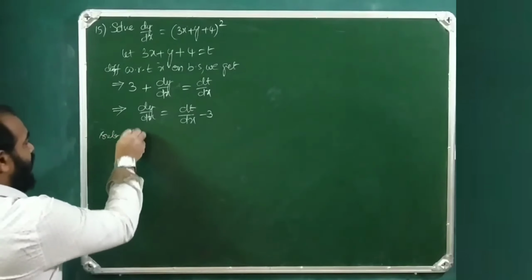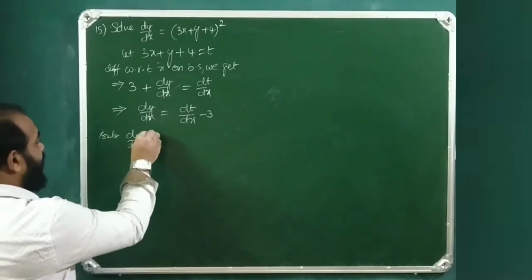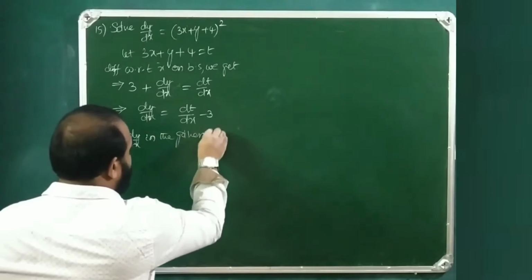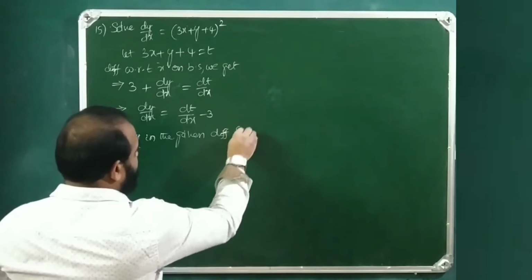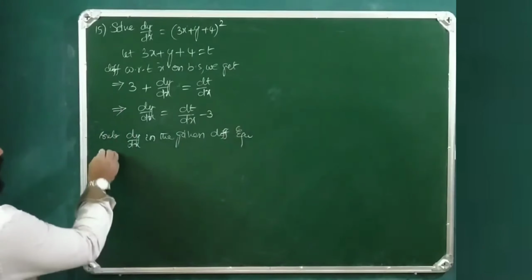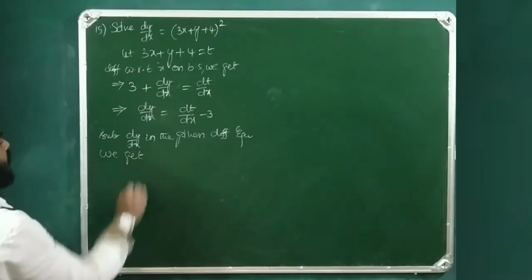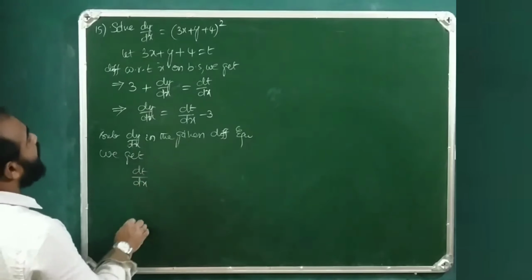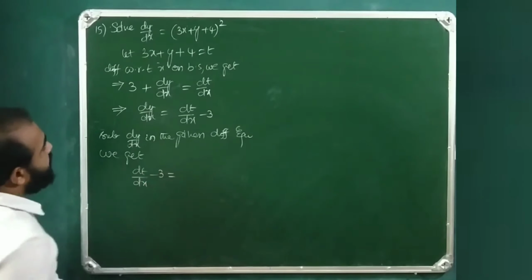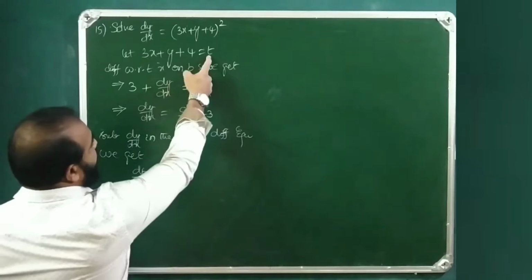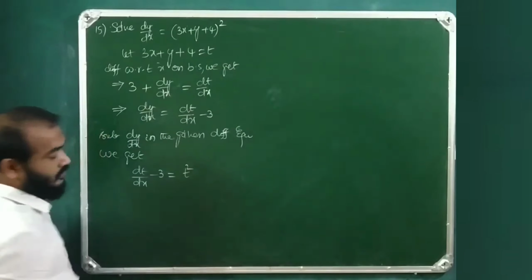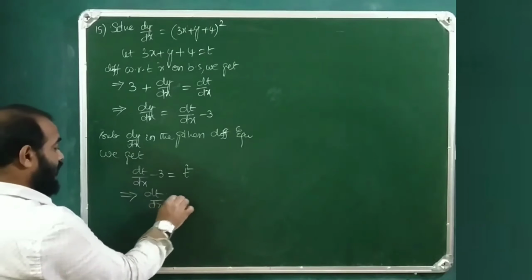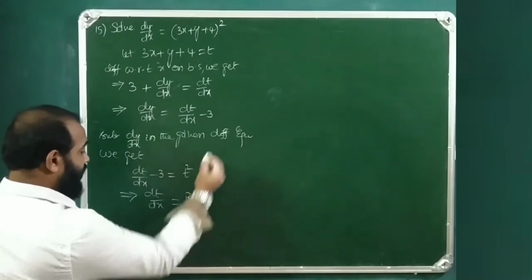Substituting dy by dx in the given differential equation, we get dy by dx, which is dt by dx minus 3, equals t square. So dt by dx equals t square plus 3.